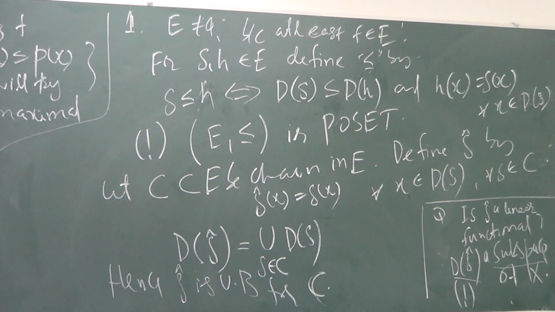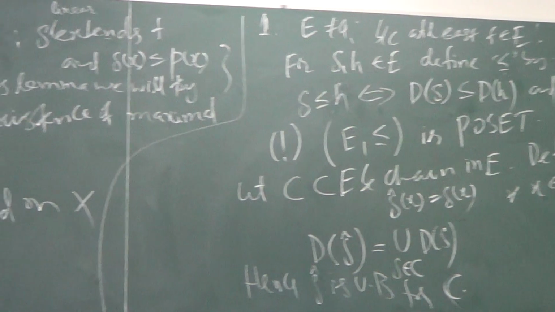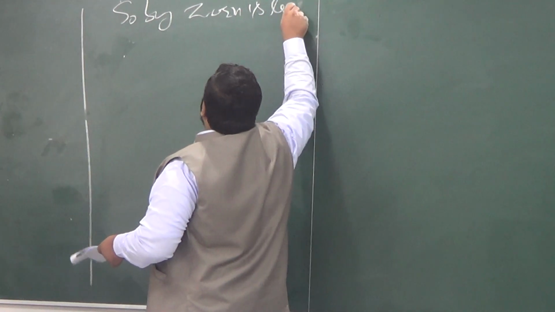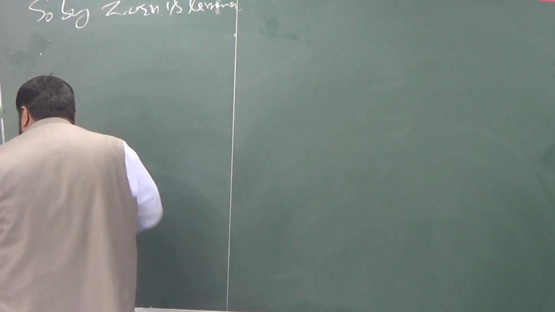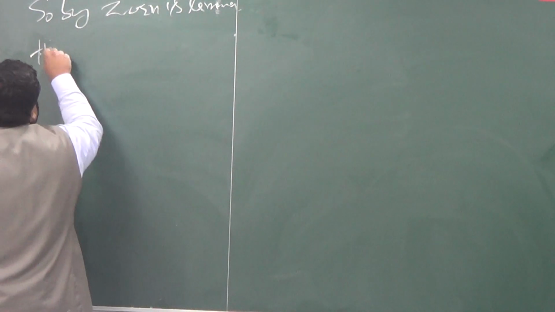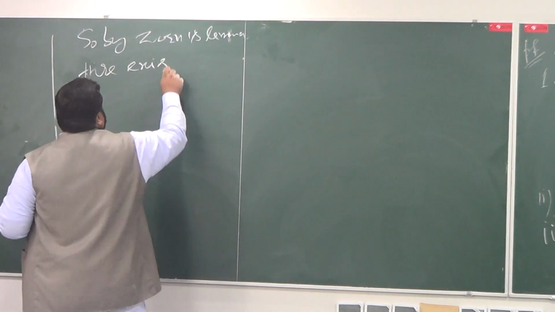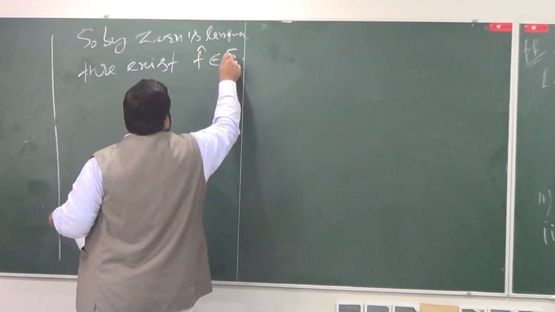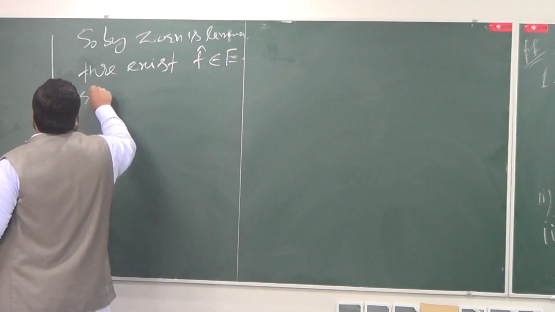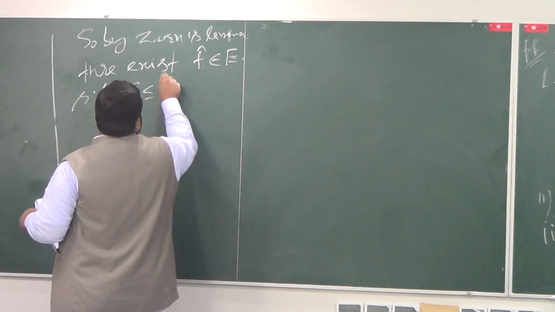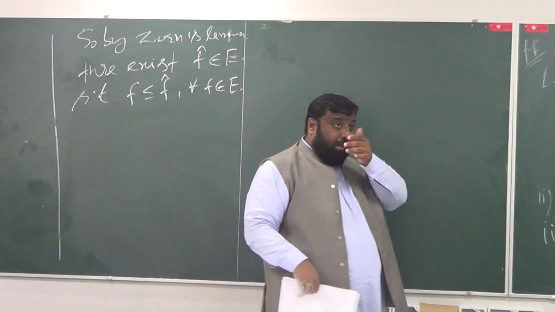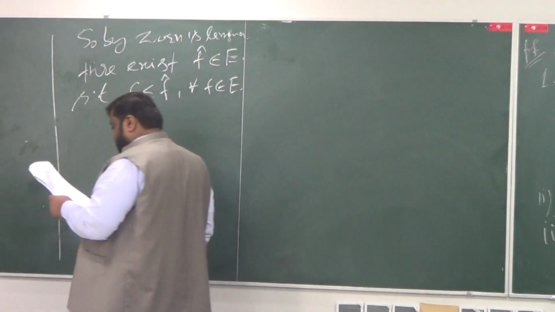Zorn's lemma is going to tell us that, by Zorn's lemma, there exists an f hat in E such that f is less than or equal to f hat for all f in E, so it's kind of an extension.